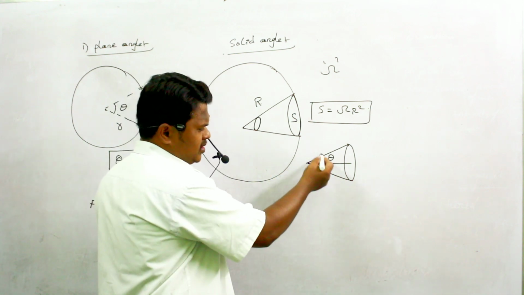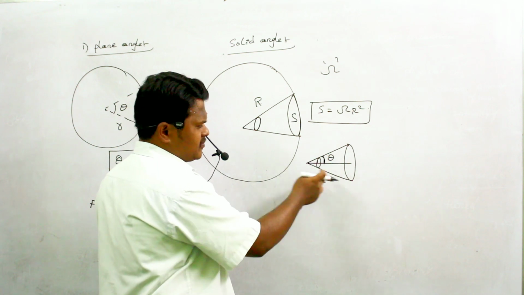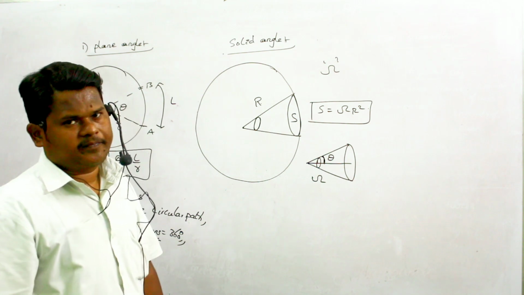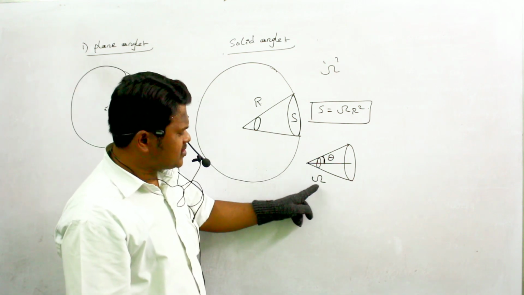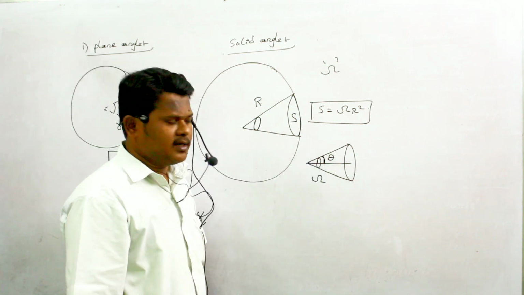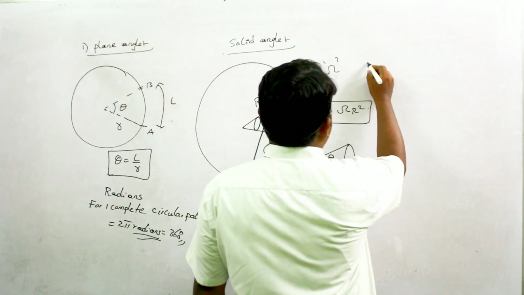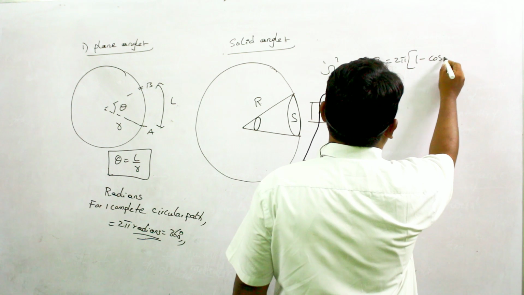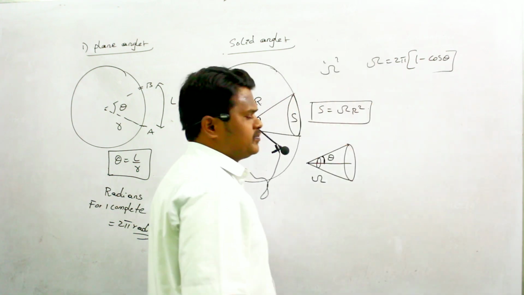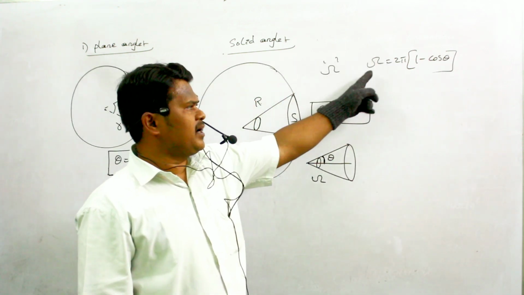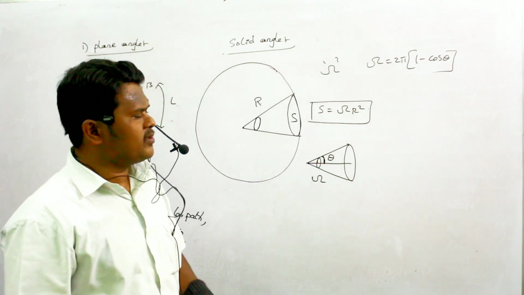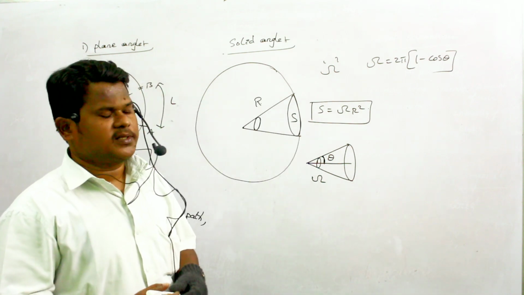The total solid angle formed at the center of this sphere, I call it sigma. Then the relation between the solid angle and the plane angle can be written as sigma is equal to 2 pi into 1 minus cos theta. This is the relation between plane angle and solid angle.